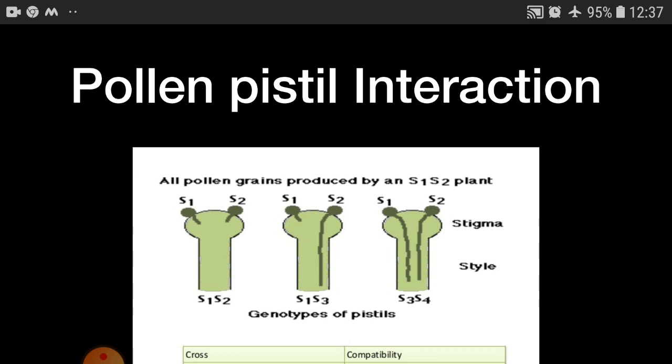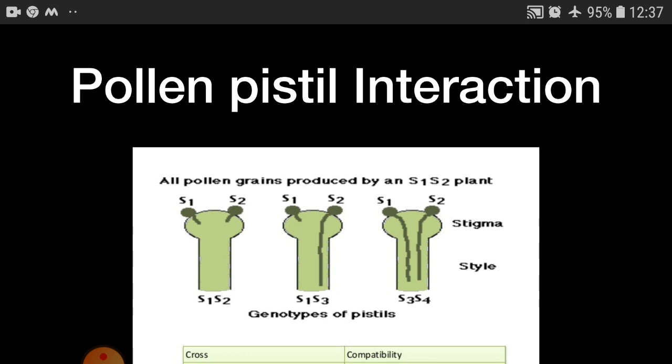But if the pollen is of the wrong type, then the pistil rejects the pollen by preventing pollen germination on the stigma or growth of the pollen tube in the style. So the ability of the pistil to recognize the pollen for its acceptance or rejection is the result of a continuous dialogue between the pollen grain and the pistil.